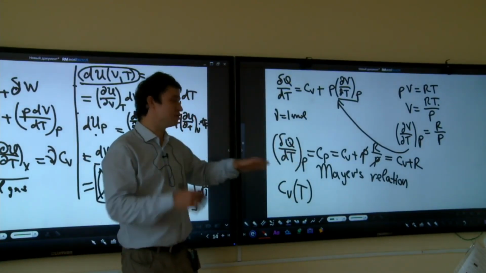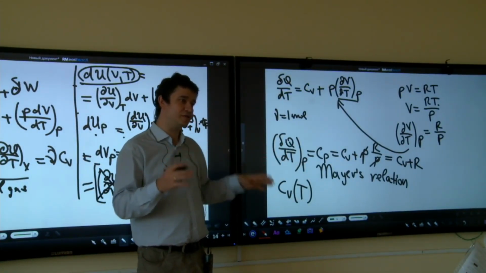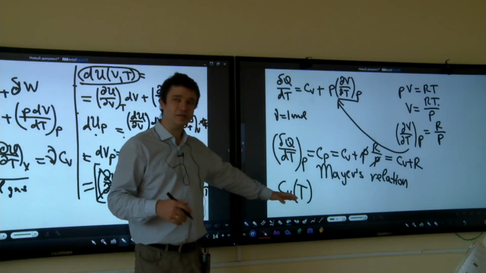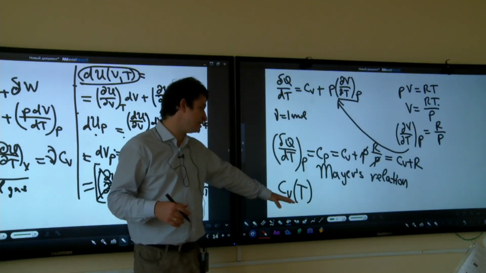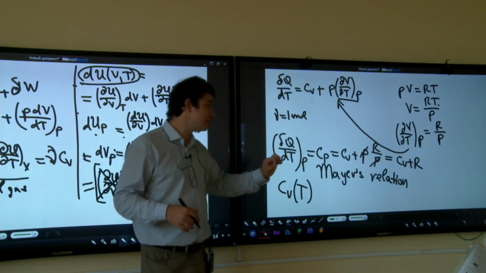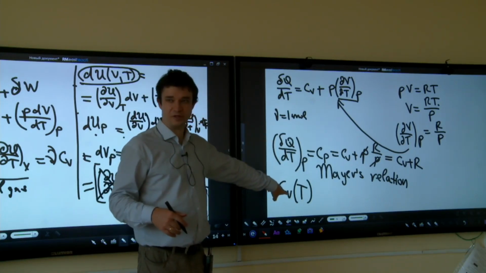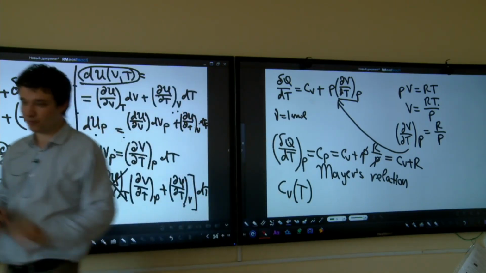Usually we assume 3/2 R or 5/2 R constants, but in the general case, the molar heat capacity, Cv, is a function of temperature. But Meyer's relation is valid even if this is a function of temperature, for any temperature.